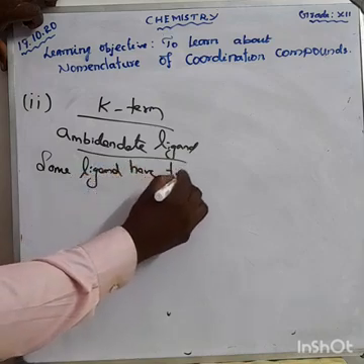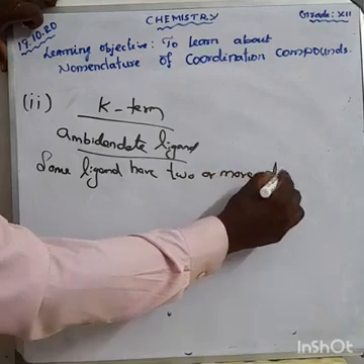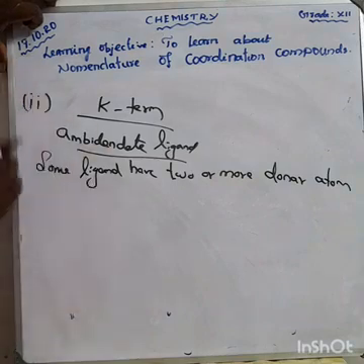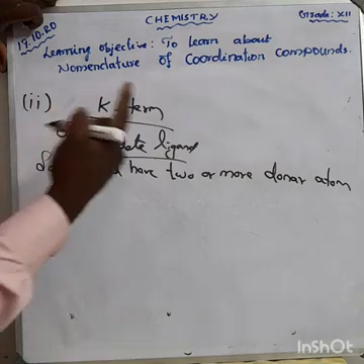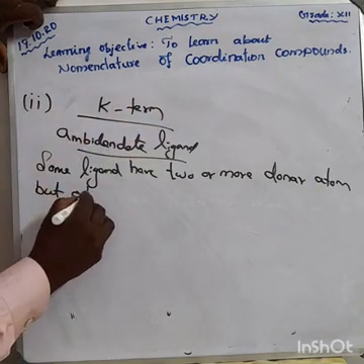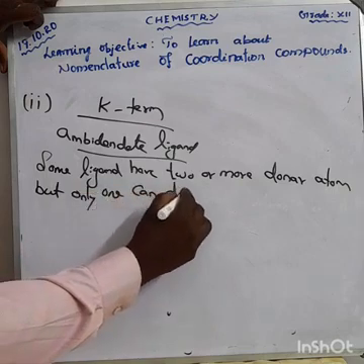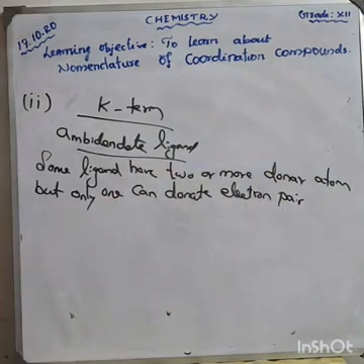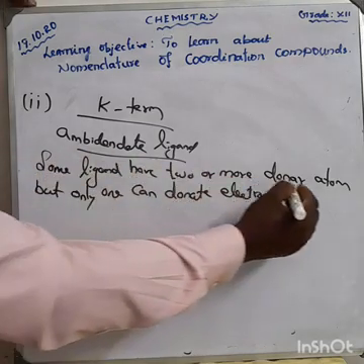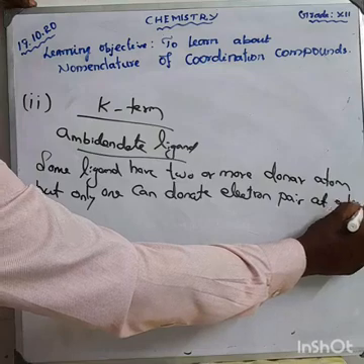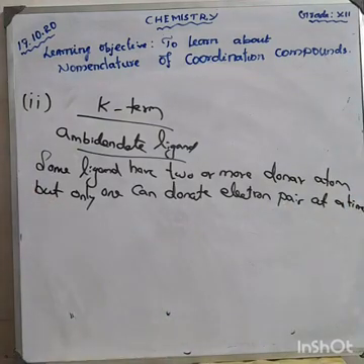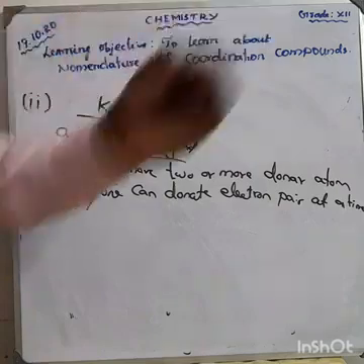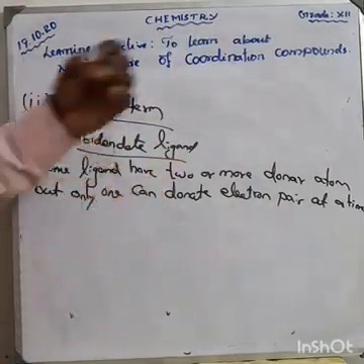Some ligands have 2 or more donor atoms, but only one can donate the electron pair at a time.